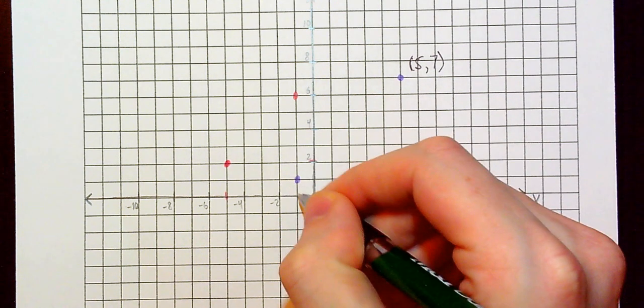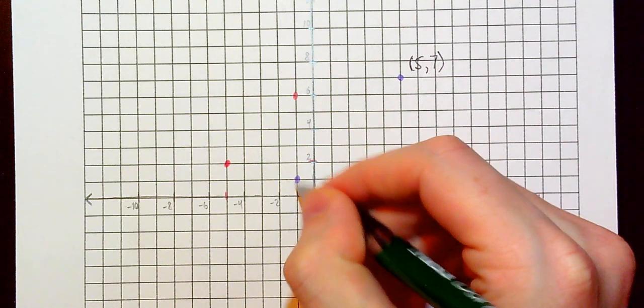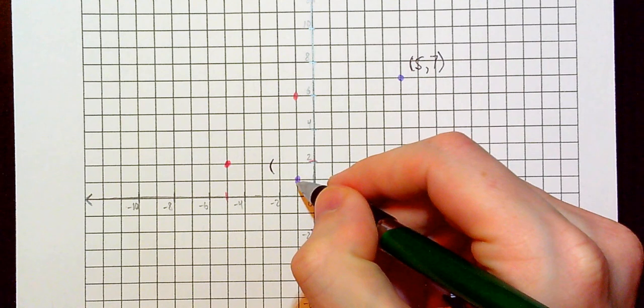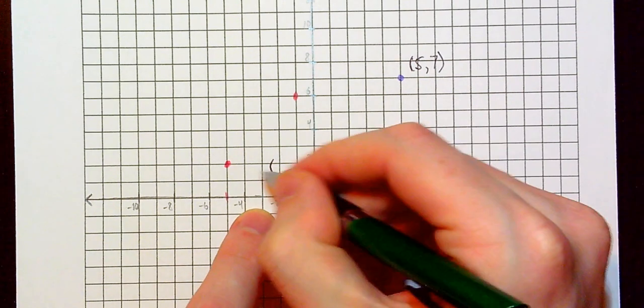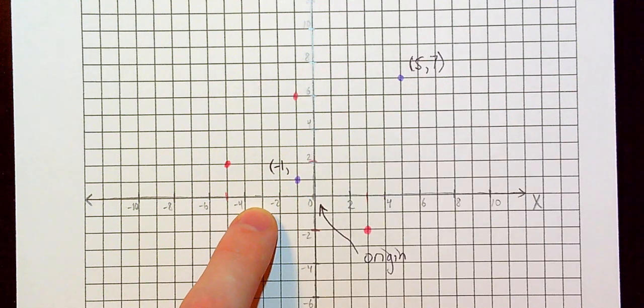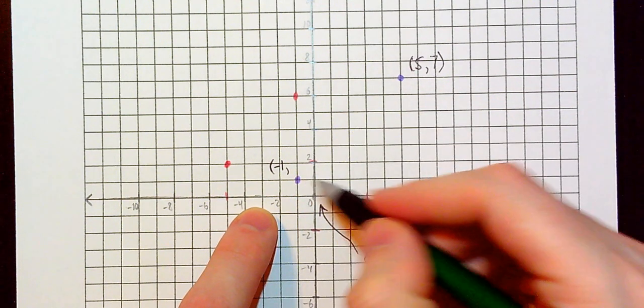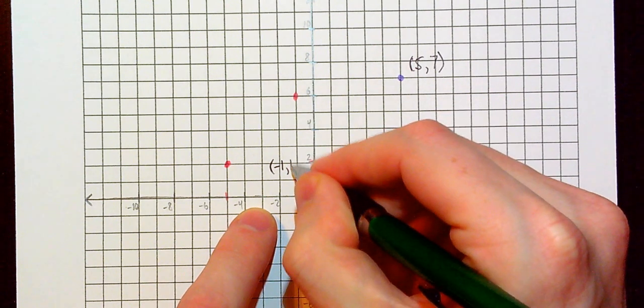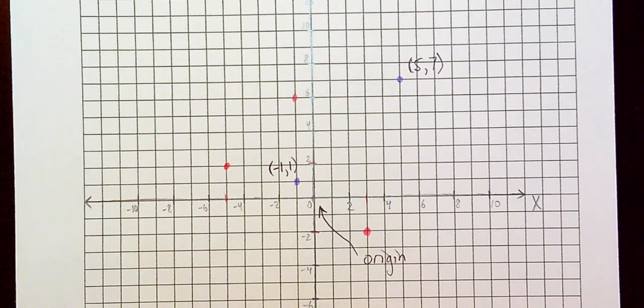Let's find the coordinates for this point here. Again, to find the x-coordinate, go straight down, halfway between 0 and negative 2, gives us negative 1. Go horizontal and intersect the y-axis, halfway between 0 and 2 for a positive 1. So those are the coordinates for that dot in purple, negative 1 and positive 1.